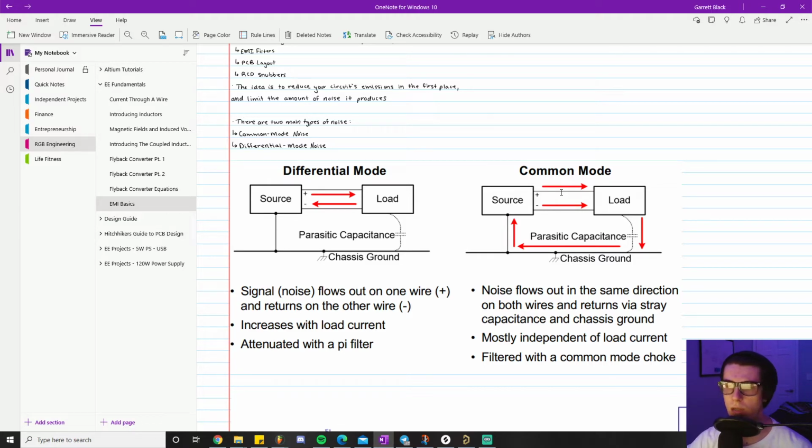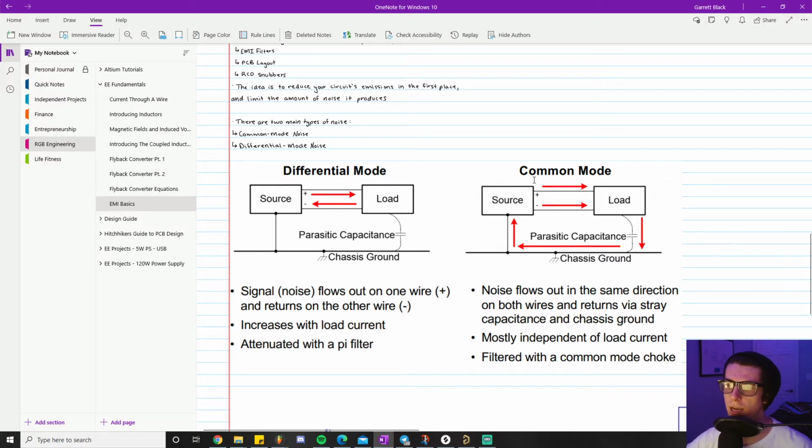That is what is known as common mode noise, and then it returns through chassis ground or earth, which is going to be that third prong. You have three-pronged outlets, right, that plug into the wall. That's just the signal path that common mode noise takes. It's mostly independent of load current, and filtered with a common mode choke. That's a type of component that we'll talk about in a second.